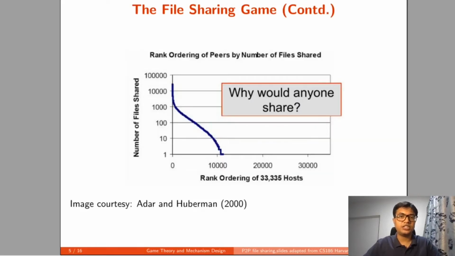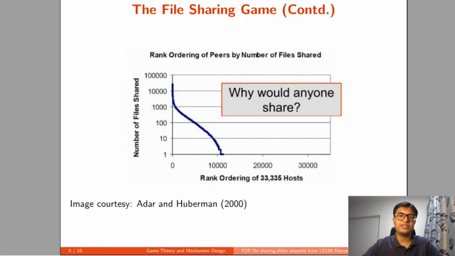And this is not just in theory. In fact, there have been studies, and this study has been done by Adler and Huberman, as you can see in the references. This figure shows the rank ordering of some 33,000 different hosts who are running Gnutella.